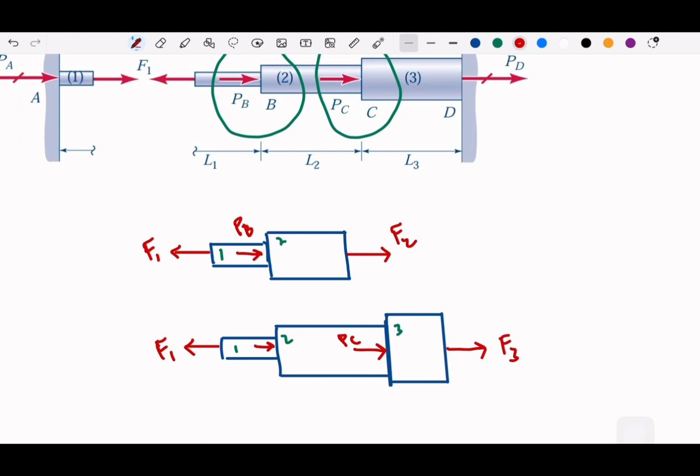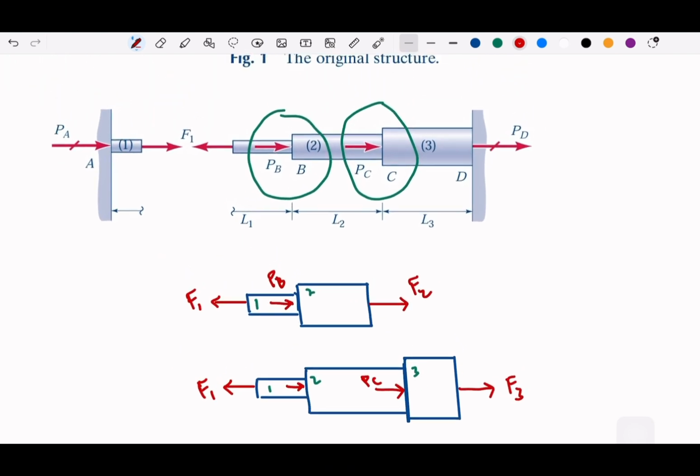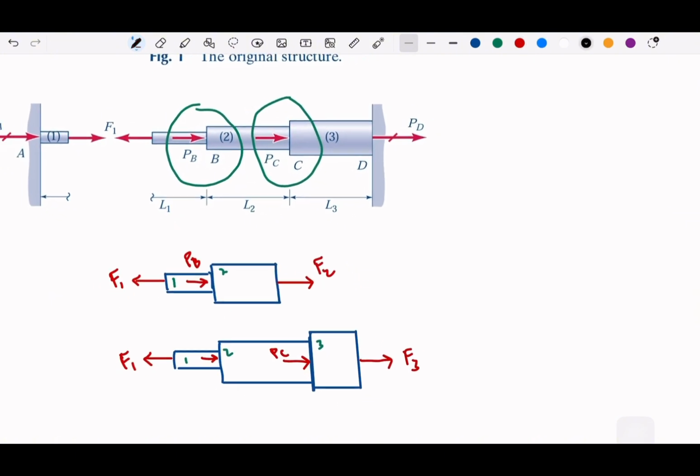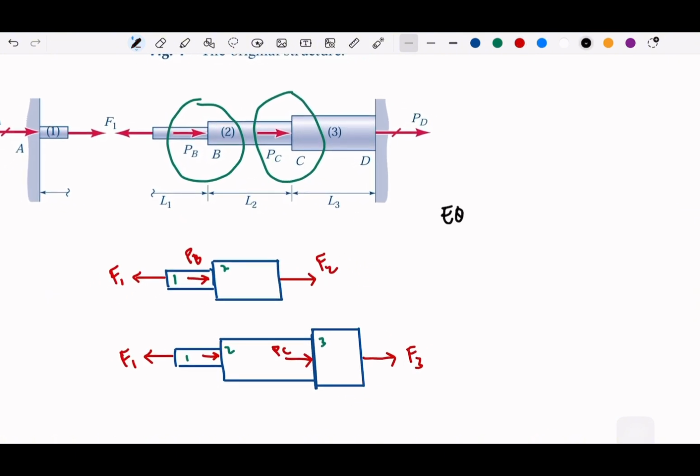So based on the internal forces, taking up the equilibrium, the first one, let's say, will be F2 plus PB equals 0.